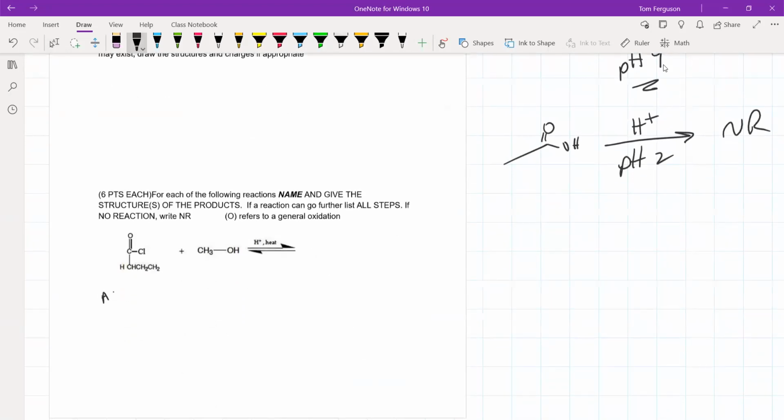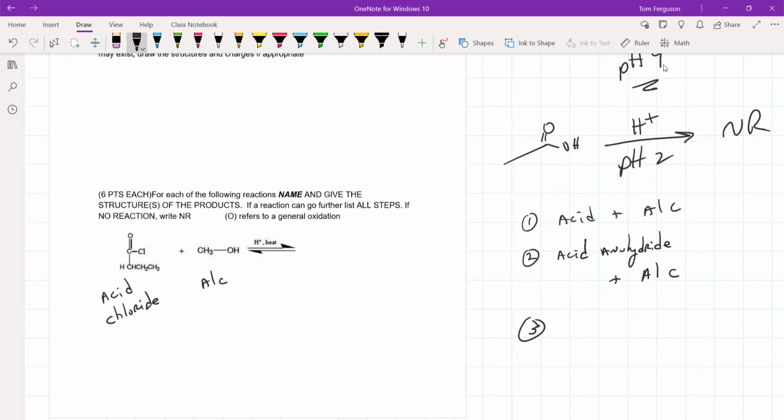Okay, so this is an acid chloride. And then we have an alcohol. So remember, there are 3 ways to make an ester. Acid plus alcohol, acid anhydride plus alcohol, and 3, acid chloride plus alcohol.